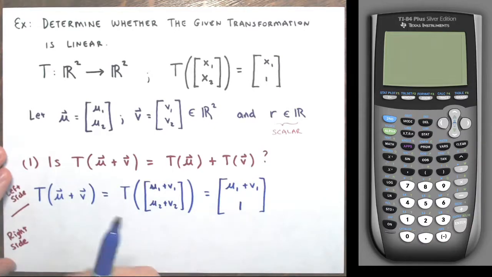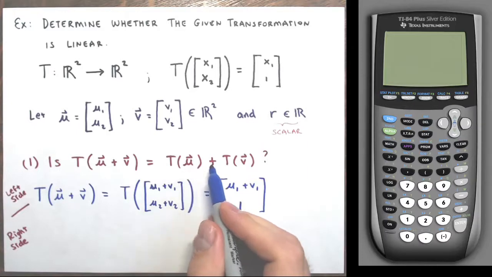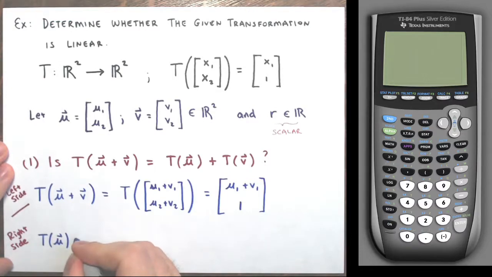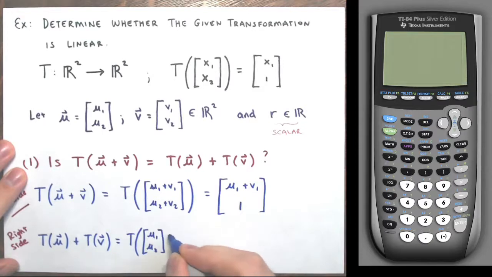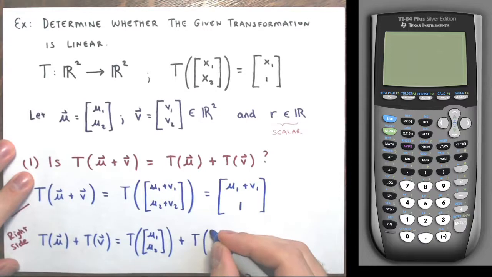The right side is where I apply the transformation to the vectors separately and then add them. So what's T of u plus T of v? That would be T of the vector u1, u2, added to T of v, which is the vector with components v1 and v2.